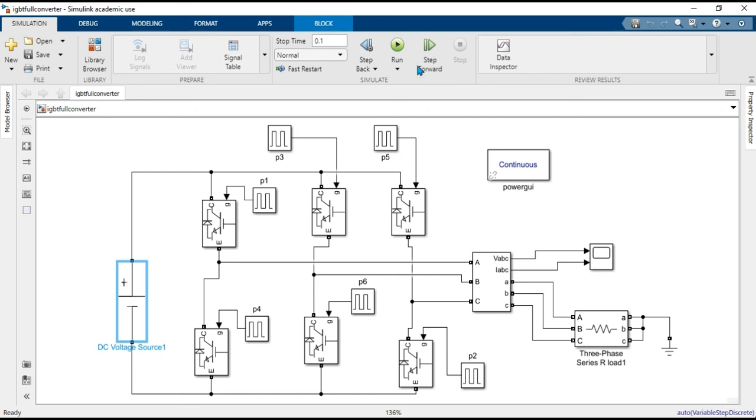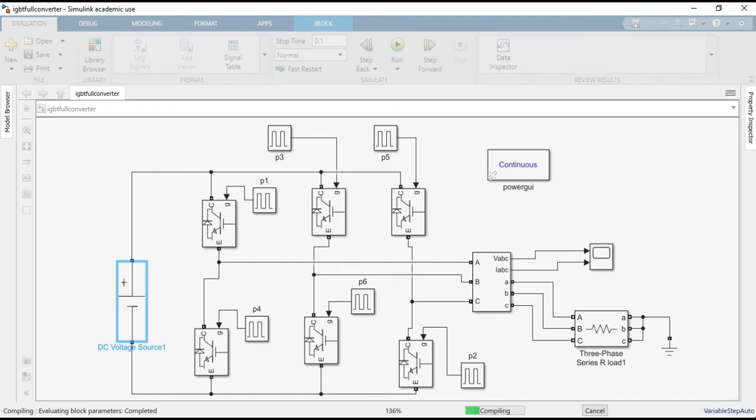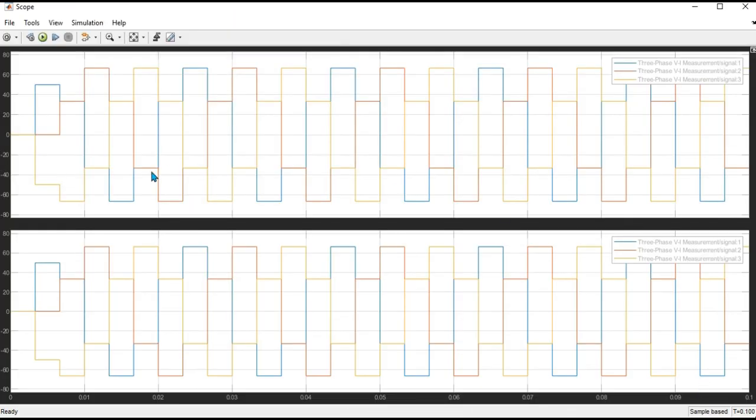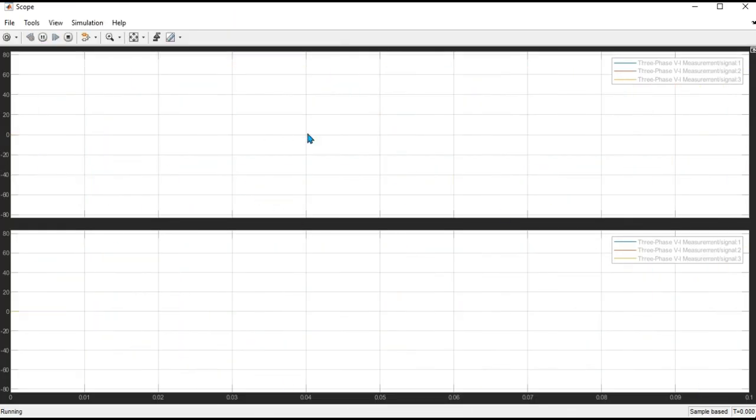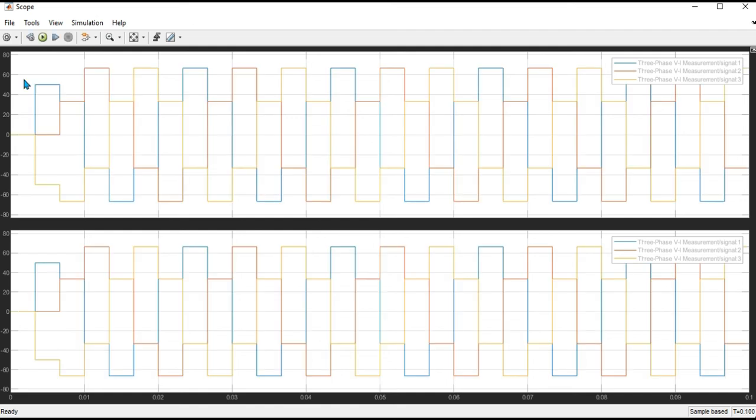So this is the basic diagram. Now apply run. Just apply run, आप run पे operate करोगे, it will run and you will get this output. This is your output, nearly 60 to 65 voltage.